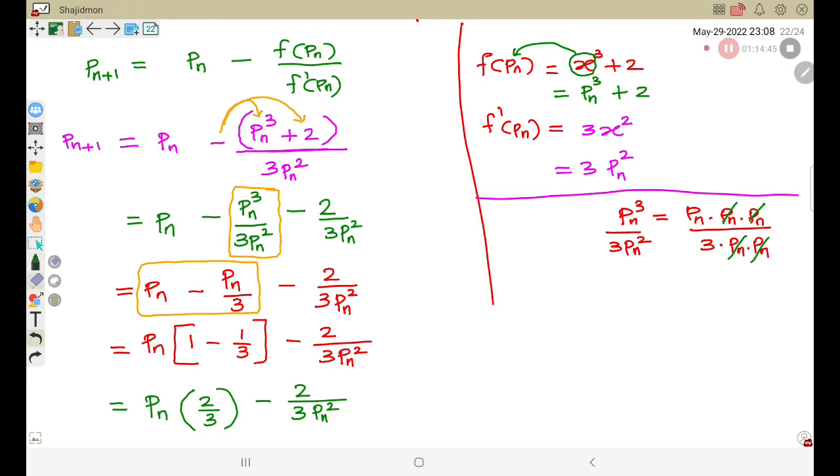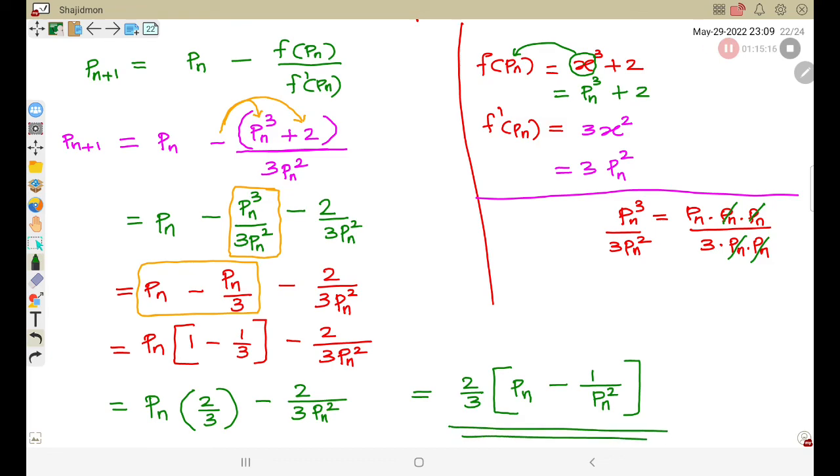Equals, okay, I am taking 2 over 3 common from here. 2 over 3 multiply, what will be the balance? First term Pn balance, minus second term 2 over 3, already we have taken outside, correct? So what will be the balance? 1 over Pn power 2. This is the Pn plus 1 value.